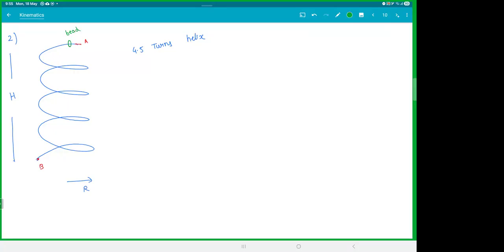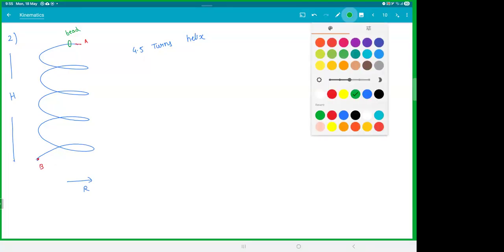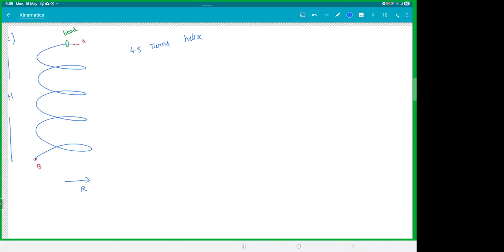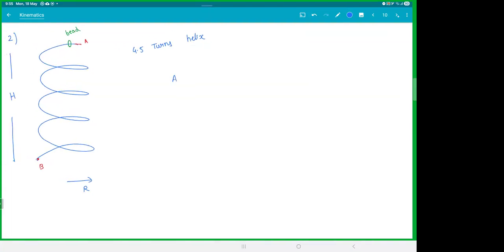You know what's a bead? Like the Rudraksha kind of thing. So a bead, or you can say ring, however you're comfortable, slides along the helix from A to B.